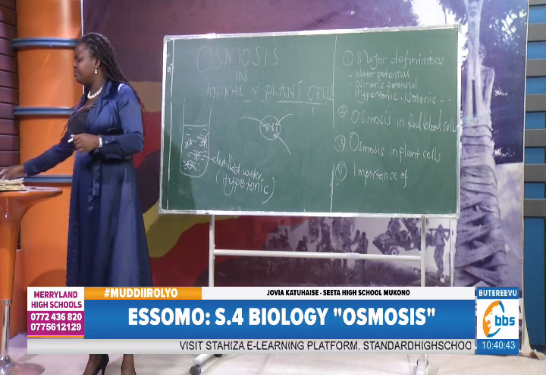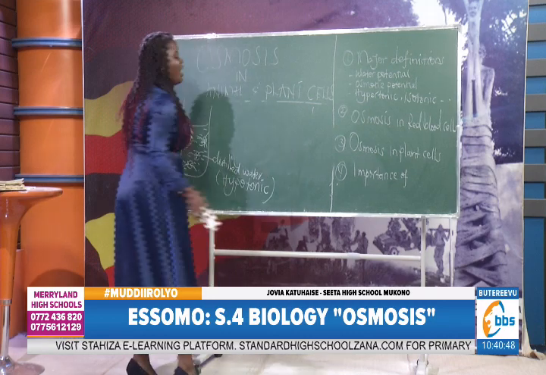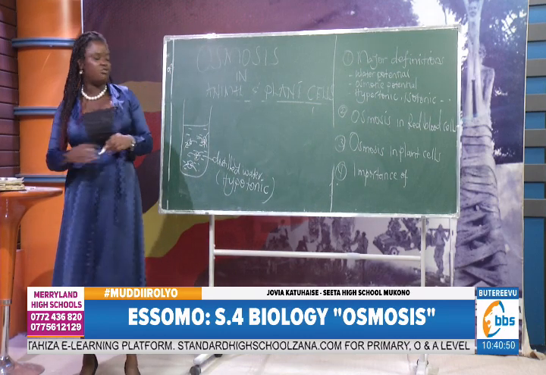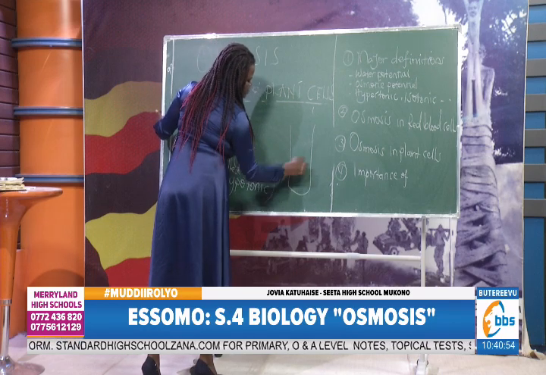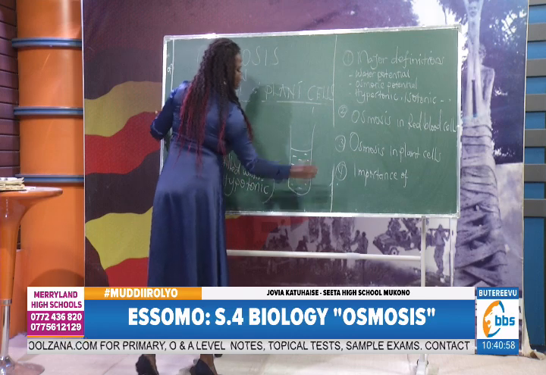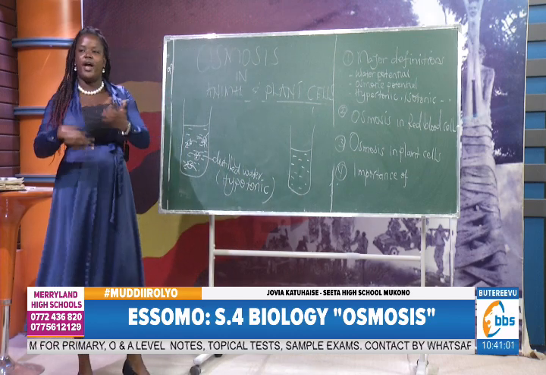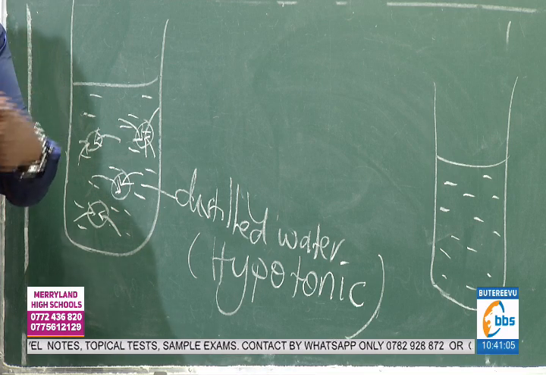But imagine the test tube where we are placing our red blood cells has a very high sugar concentration. Like we make a sugar solution. When I say we make a sugar solution, I mean we get water and mix a lot of sugar in it, making it very concentrated, or very sweet.